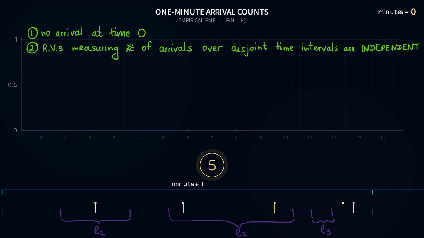Therefore, what this postulate requires of a process for it to be a Poisson process is that the random variables that are counting the number of arrivals over these time intervals be independent. So X with an index of L1, X with an index of L2, and X with an index of L3, these are different random variables.